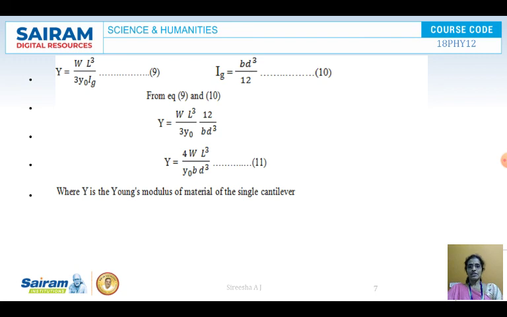Therefore, rearranging the terms and doing the simplification, 3 goes into 12, 4. So, Y is equal to 4wL cube by y naught bd cube. This is equation 11, and this gives the Young's modulus of the material of a single cantilever. Thank you.